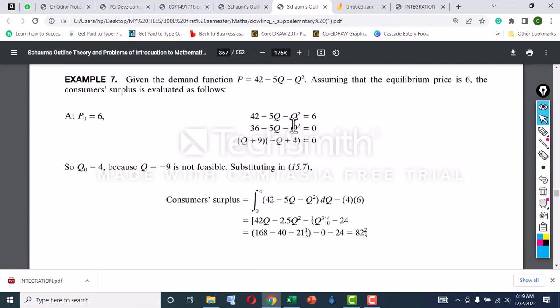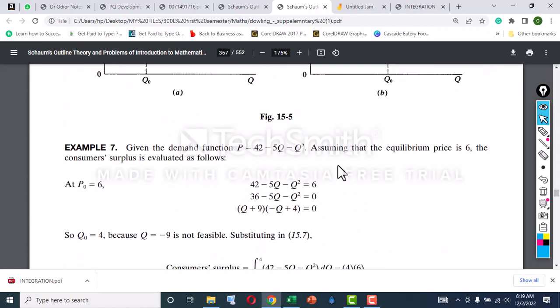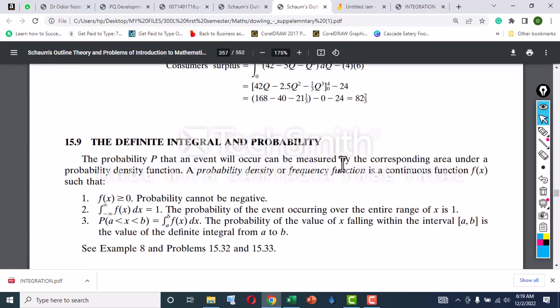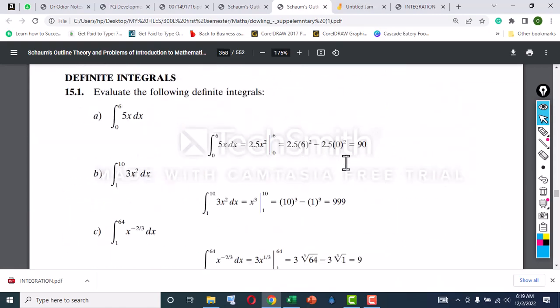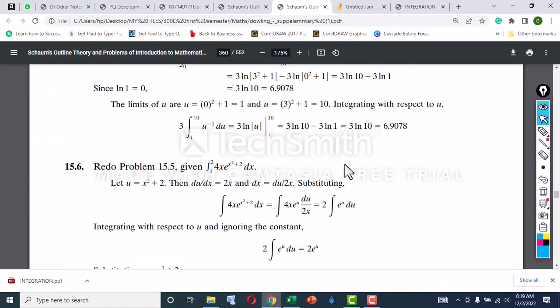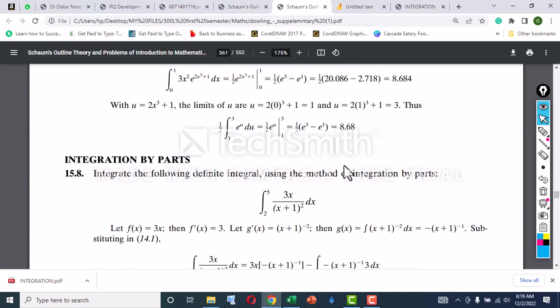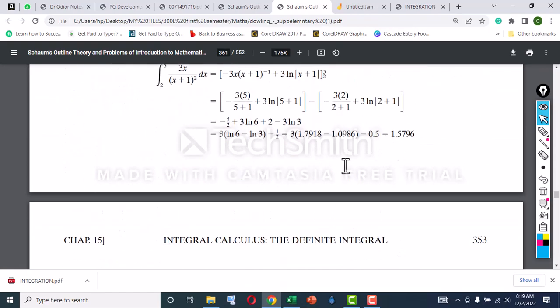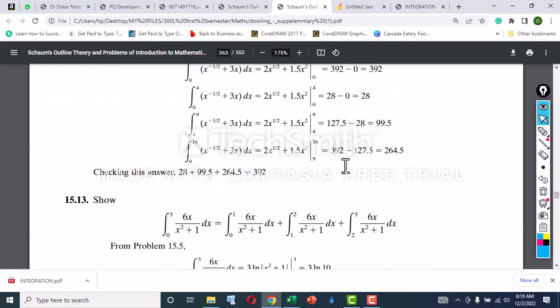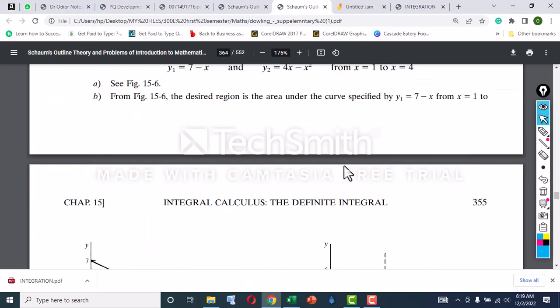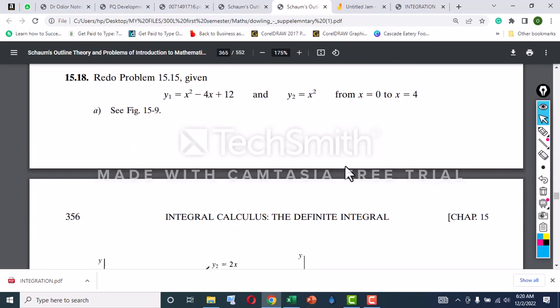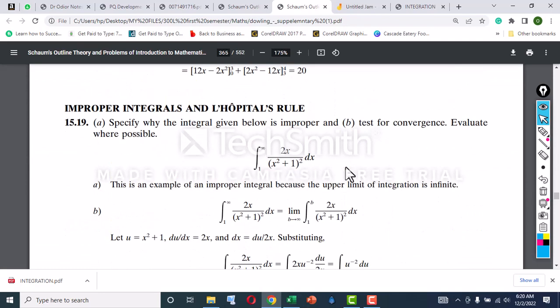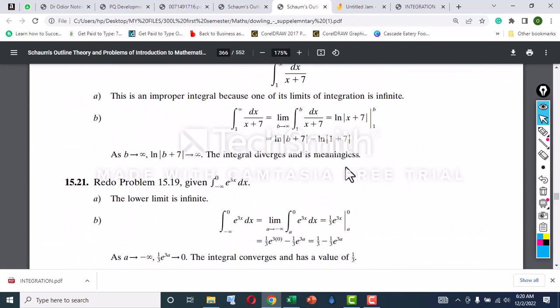Let me see. Is it consumer and producer? The answer is no. They are only asking for consumer surplus. I need one that is asking for consumer and producer. I'm just going to look for some questions. Now the time to search.